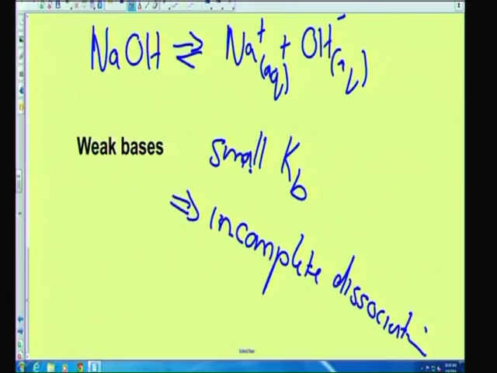So guys, please bear this in mind, that when you're given data, you're given information about Ka and Kb, Kw, they're just the equilibrium expressions for a reaction. What we're saying here is the difference between acids and bases. We've defined those. We've recognized that acids are proton donors, bases are proton acceptors.